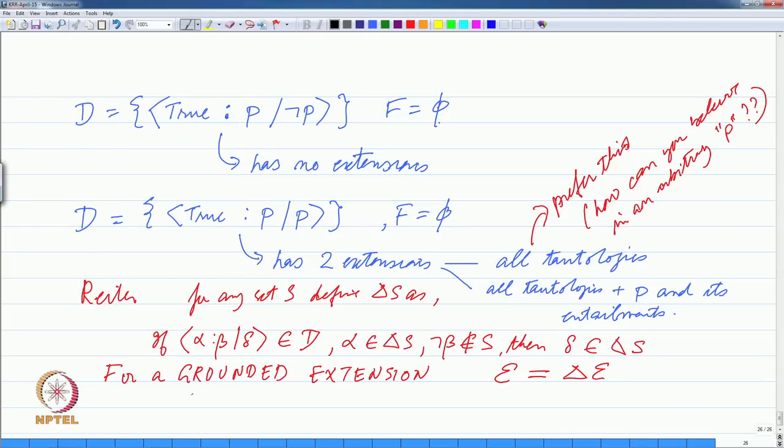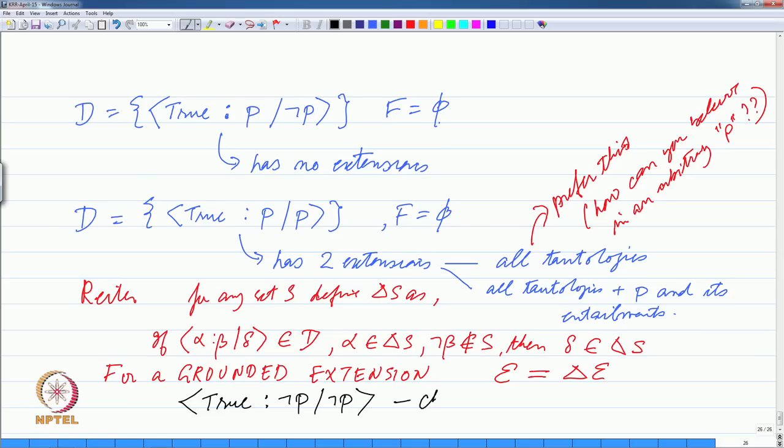Finally, if you look at this default rule, then what does it say?